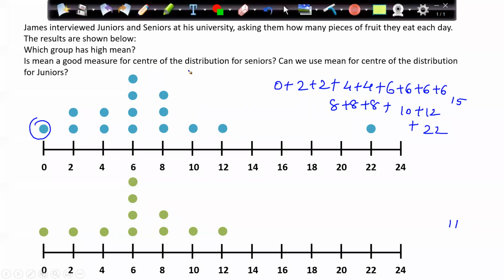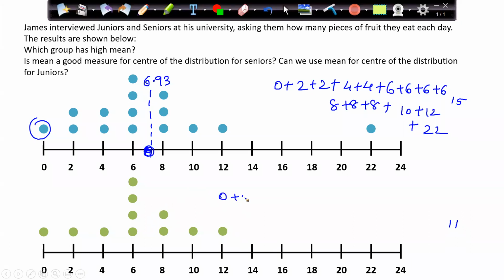So my mean is around 6.93, somewhere here. That is my mean.